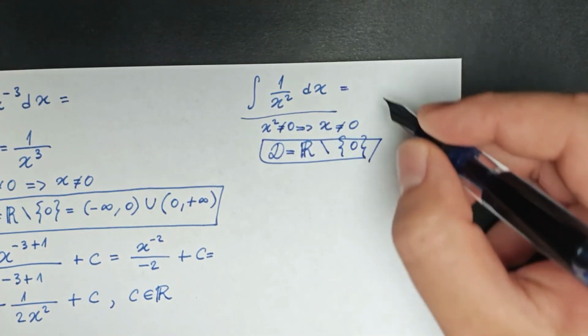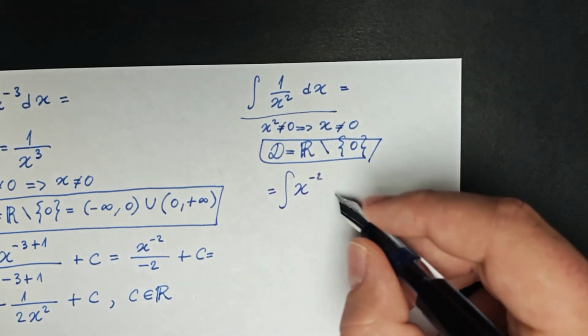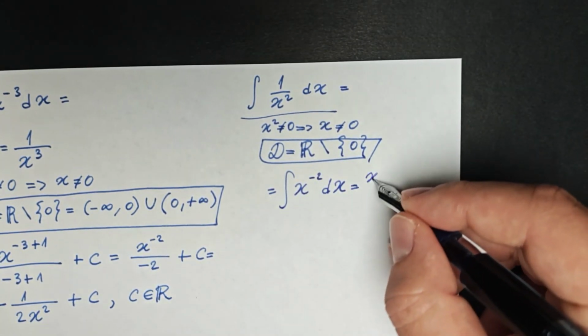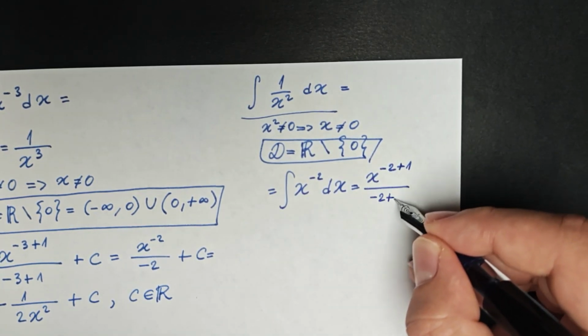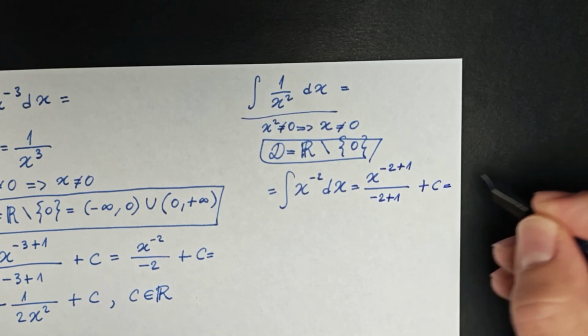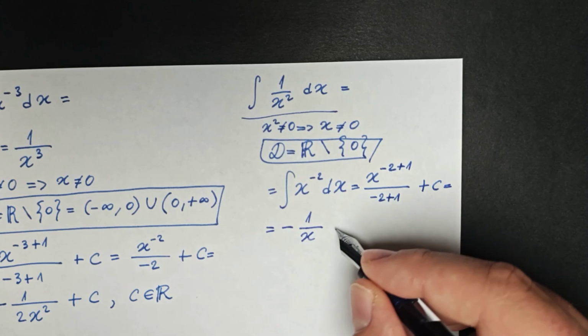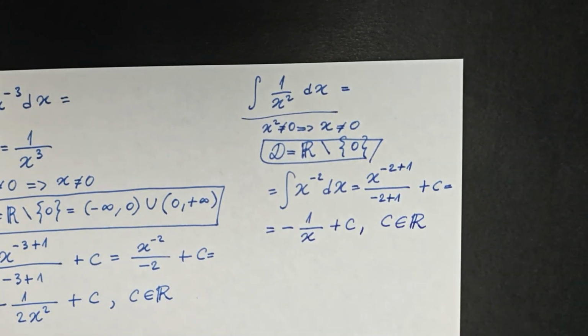Let's integrate this. This is the same as x to the power of negative 2 dx, and when we use a power rule, this is x to the power of negative 2 plus 1 divided by negative 2 plus 1, and plus c. The final result we get is negative 1 over x plus c, where that c is an arbitrary real number.